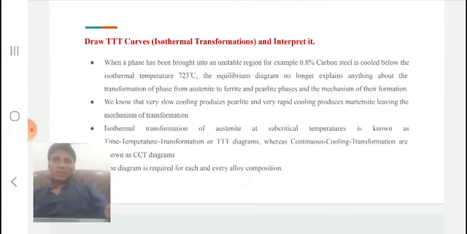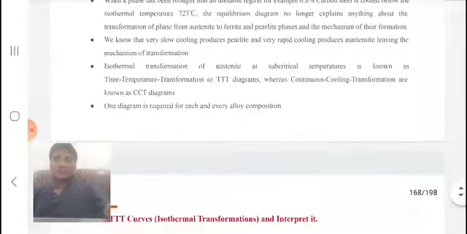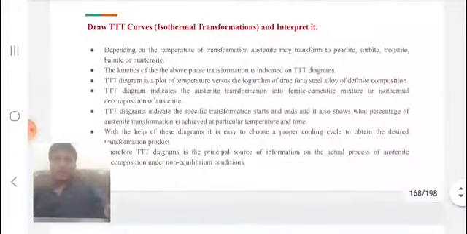We also discussed how these curves are constructed in previous video sessions, so we don't have to discuss the construction of the curves. Depending upon the temperature of transformation, austenite may transform to pearlite, sorbite, troostite, bainite or martensite. We have discussed this. These diagrams are plotted between the temperature and the logarithm of time. This also we discussed in the previous video sessions.